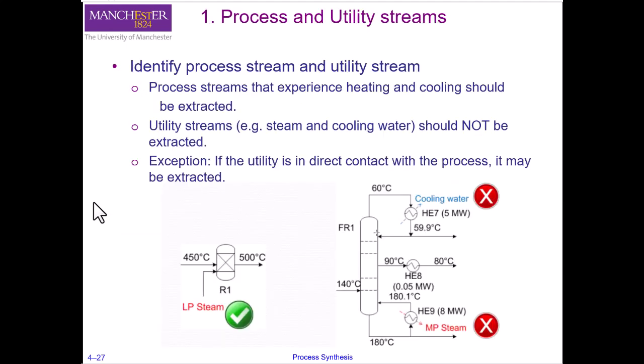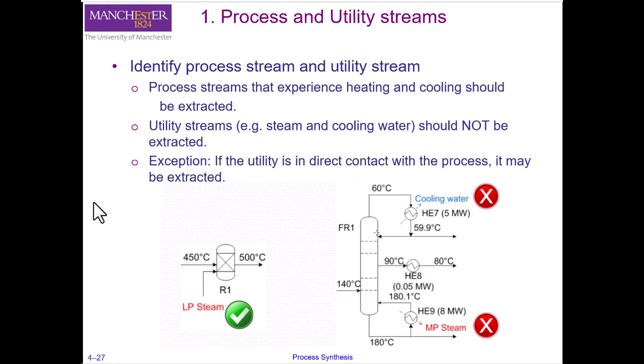So the first guideline is that process streams that experience heating or cooling should be extracted. It means that we need to know the supply temperatures, target temperatures, and heat capacities of all the process streams. But we do not extract utility streams. Utility streams are, for example, steam, cooling water, and refrigerant.